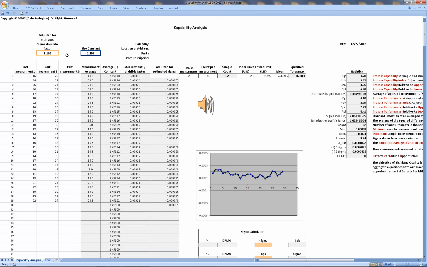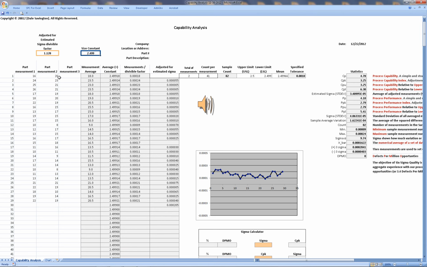Located next to the adjusted sigma is the box for choosing the size constant. This allows the user to minimize input. For example, if the part is 2.499 and all the parts will start with a minimum of 2.499, then the user only need to input the number 16, 20, as you can see here, for example, and the divisible factor will show under measurement divided by a factor of 0.00016, where the 16 or the 20 have been divided by 1 million.